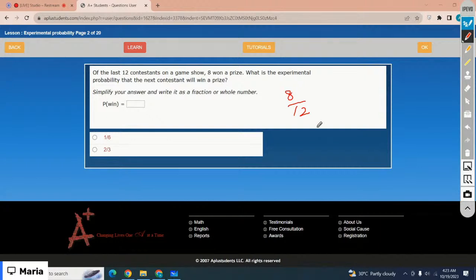Just simplify them. 4 times 2 is 8, 4 times 3 is 12. So the probability is 2 out of 3, right? The correct option is 2 out of 3.